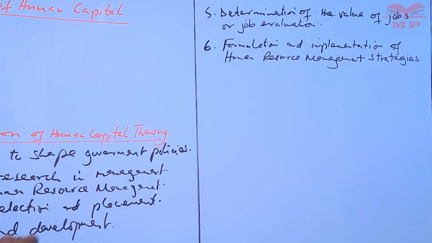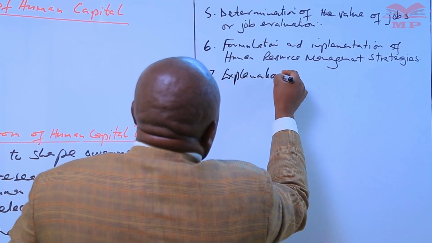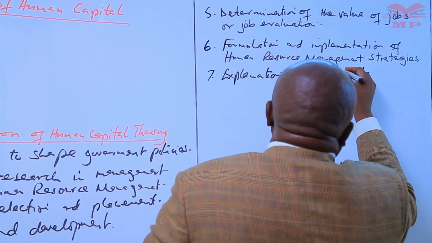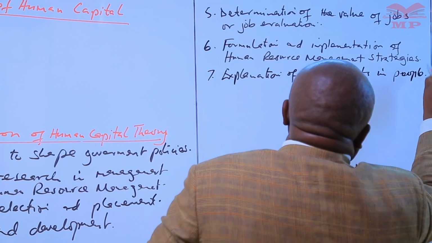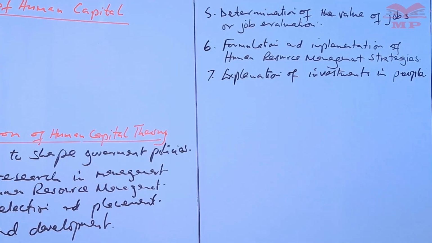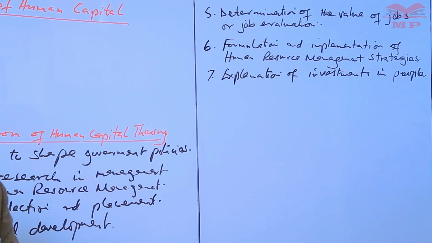Then there is also explanation of investments in people, so when you need to make investments in people. For example, these areas we are talking about in terms of exposing workers and so on, it is possible that the human capital theory can be used to explain why there is a huge investment in people.